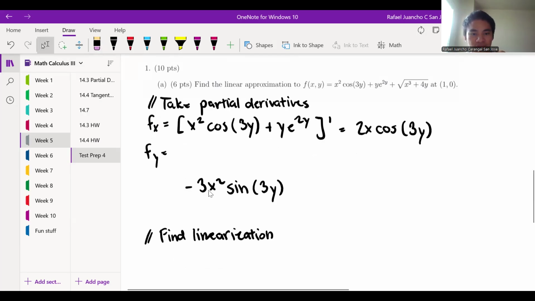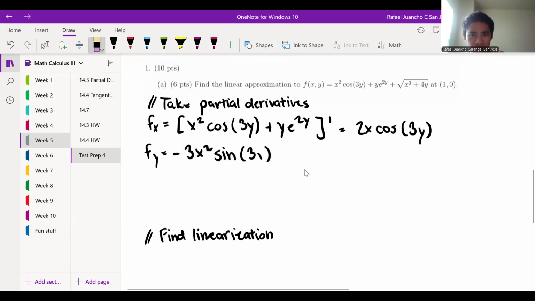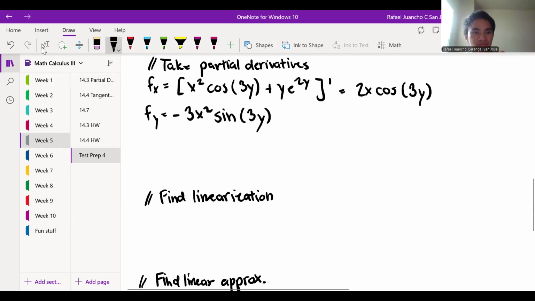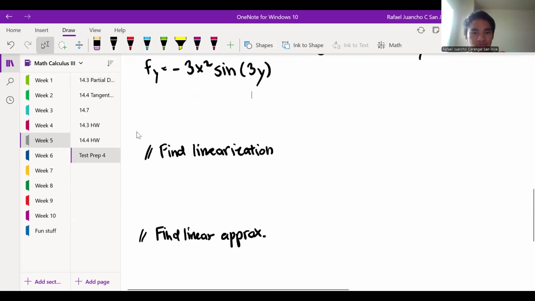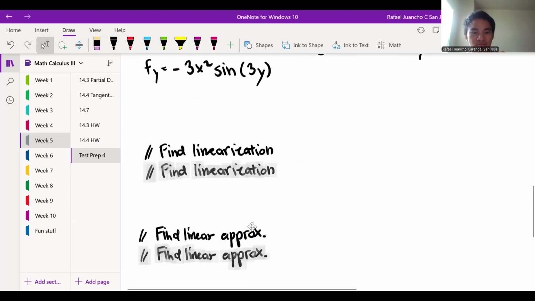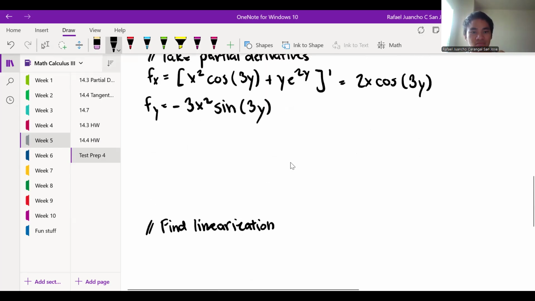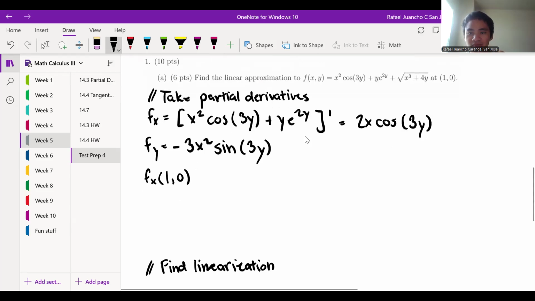Okay. Then I try to find my points, right? Let me just quickly do that. So f sub x is going to give me 1, 0, right?